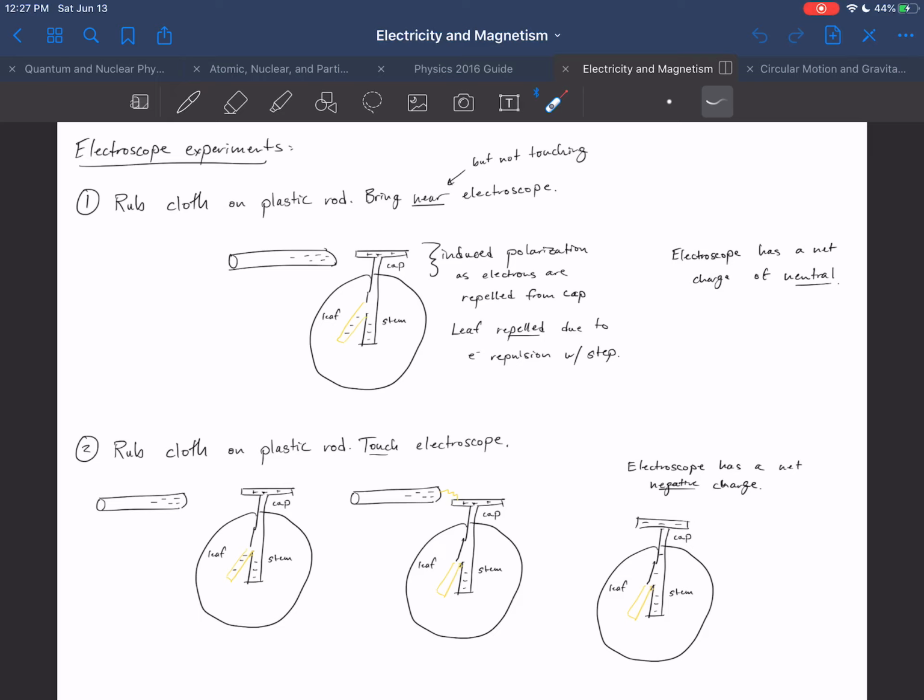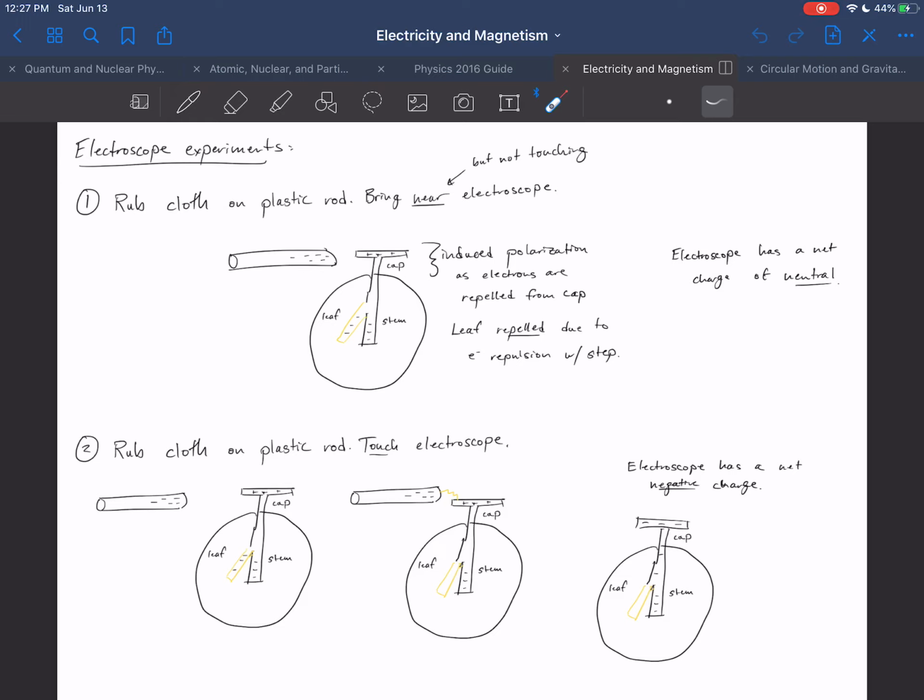And why is that happening? Well, that can be explained using everything we already know. So you have a net negative charge on that plastic rod. When that plastic rod is brought near the cap, the electrons that are in the cap, which are in the sea of electrons, because that metal cap is a conductor, can move.